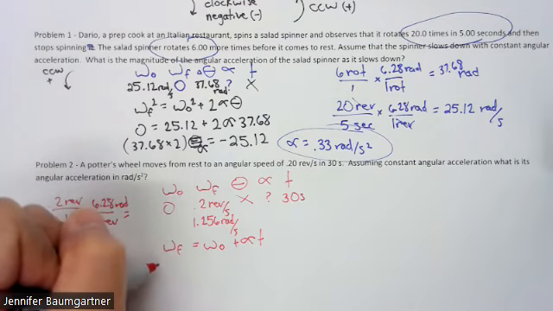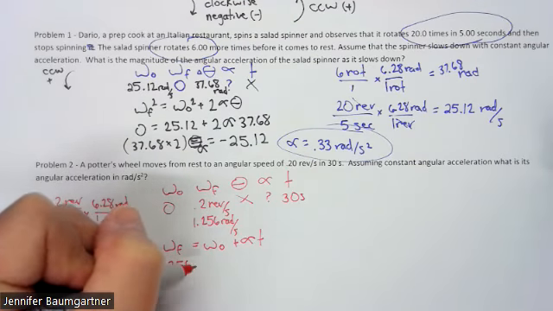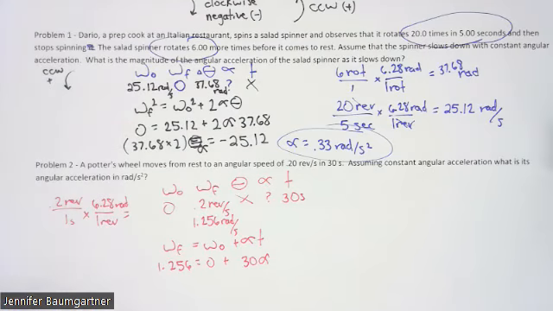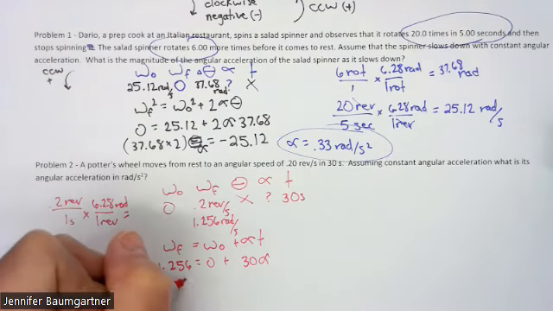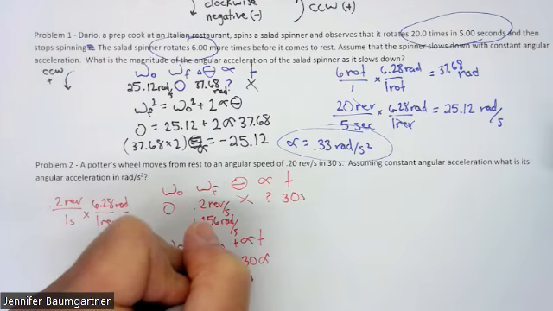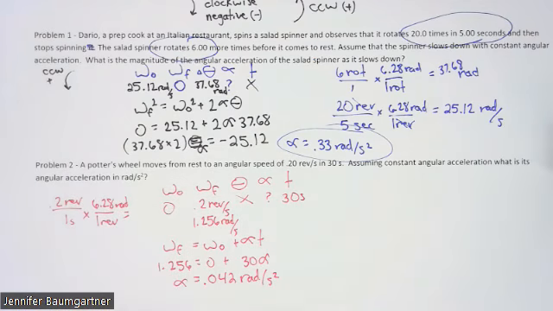This is going to be 1.256 equals 0 plus 30 times alpha. When I take 1.256 divided by 30, I get that my alpha value is 0.042 radians per second squared. And the sign's positive, we're speeding up. If I have a positive angular velocity and a positive acceleration, that equates to speeding up.